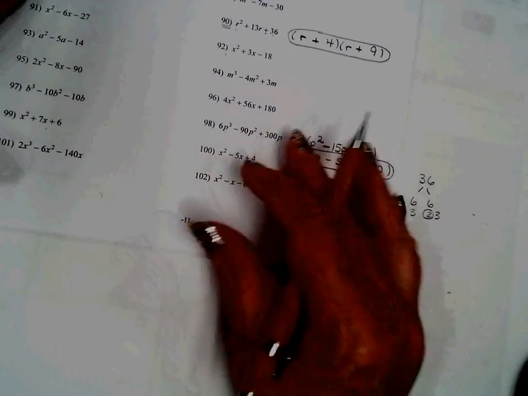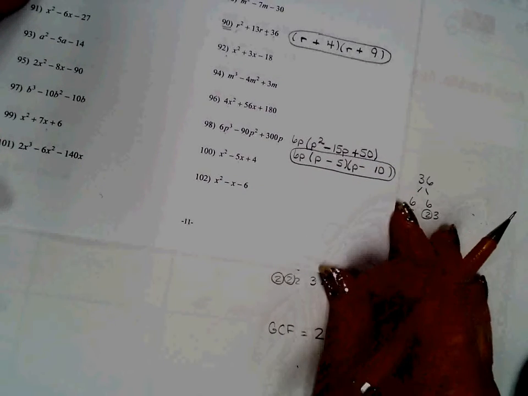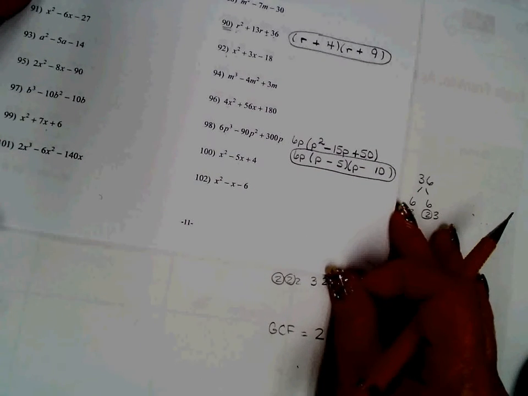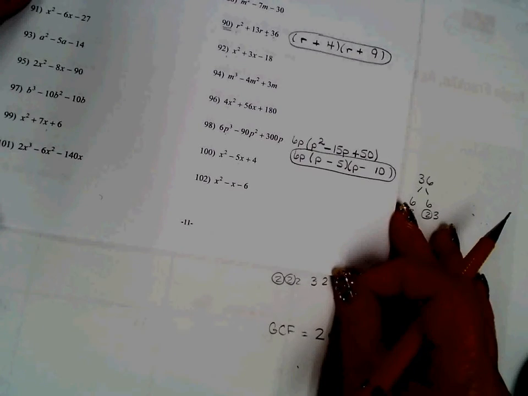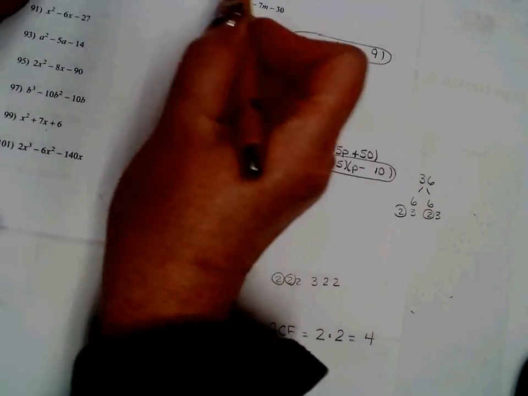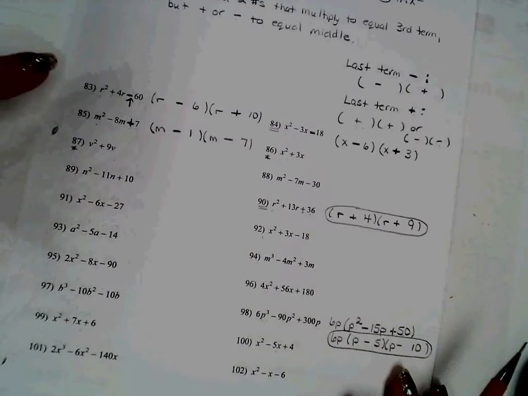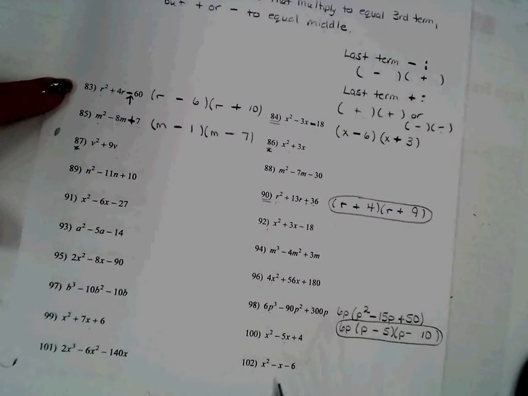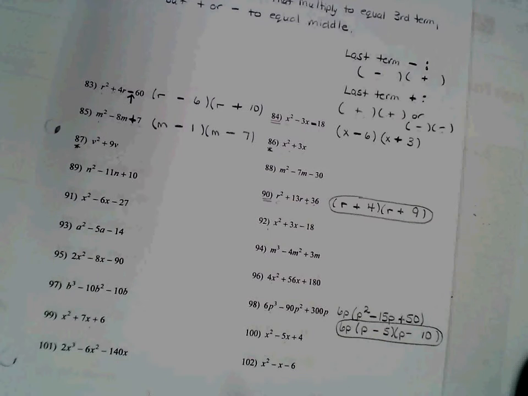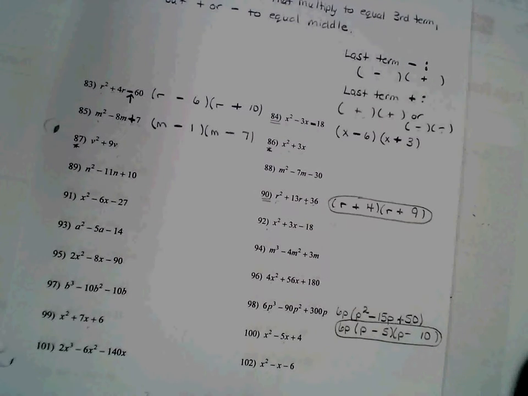Okay? So, what I would like you to do for homework is not on CUDA. I would like you to factor all these out on your paper, from 83 to 102, and then I would like you to go on to LMS, and there's going to be a quiz where you can type the answers in.